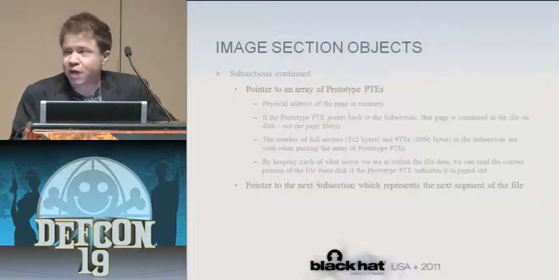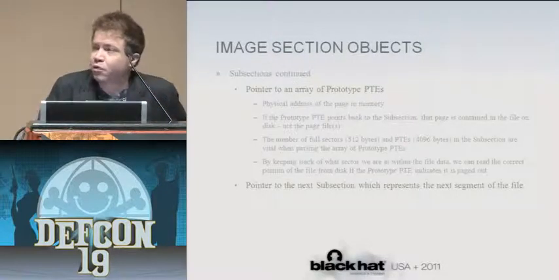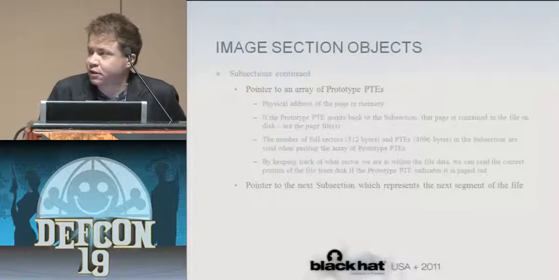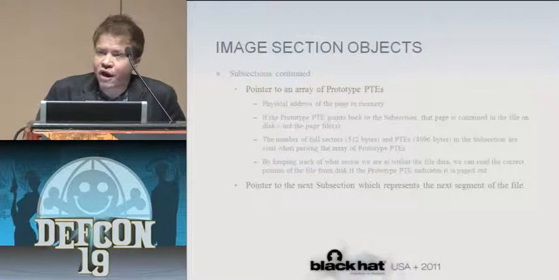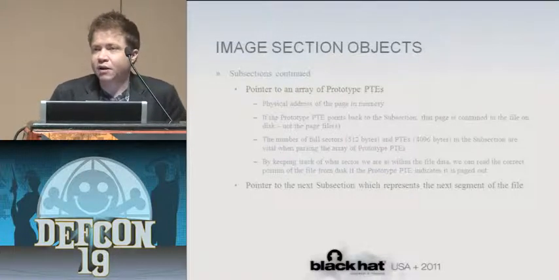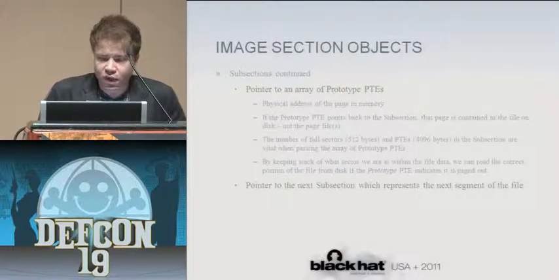And basically, by keeping track of where we are when we walk these sectors in memory, 512 bytes at a time, we will know the offset that we need to read if the file is paged to disk. So using that, we can get all the data if we're running on a live system.